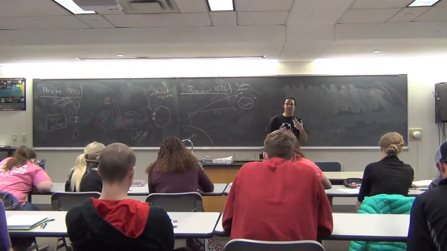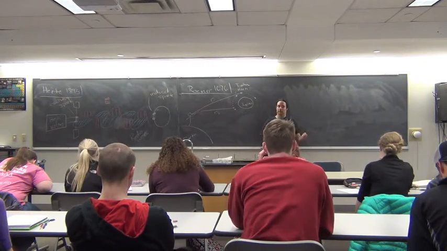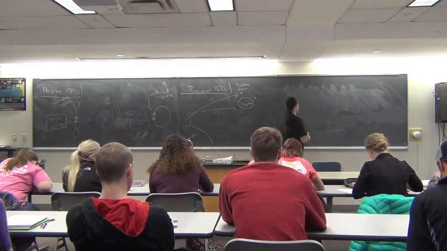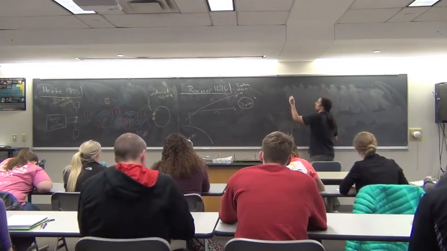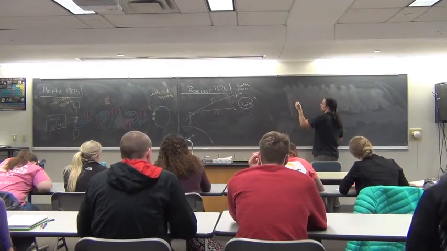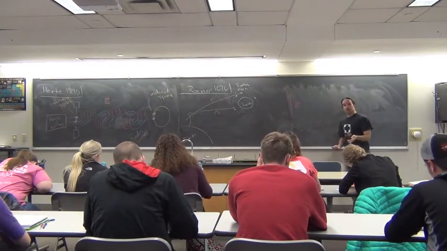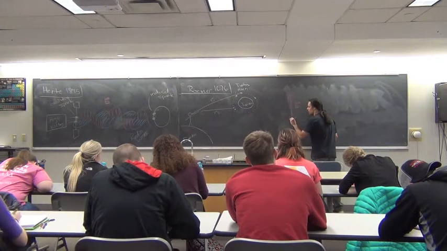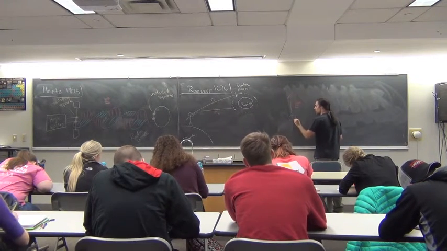It turns out that the electric fields and the magnetic fields in the electromagnetic waves are always perpendicular to each other. So if I have an electric field that points up like this, I might have a magnetic field that's pointing out like this.